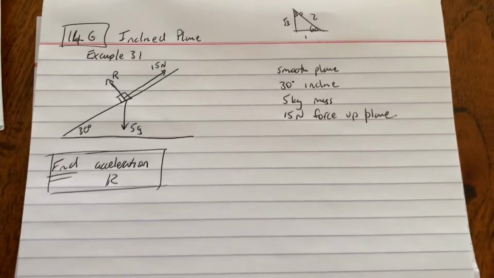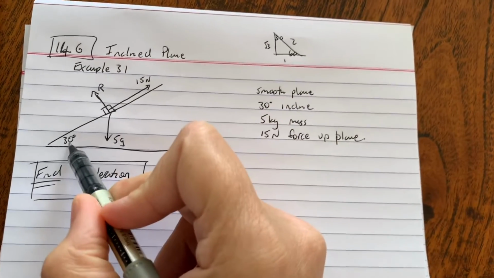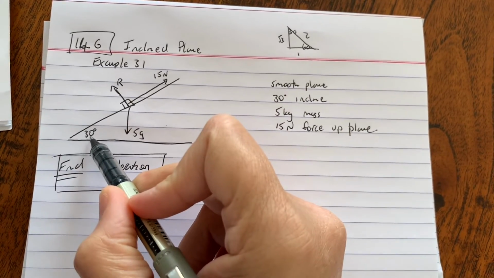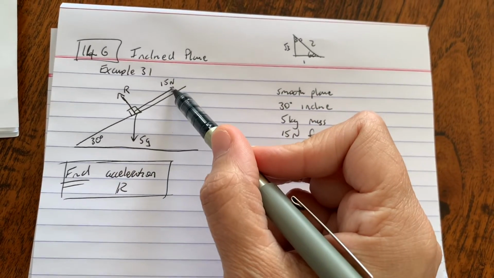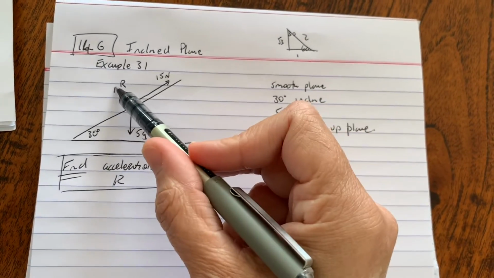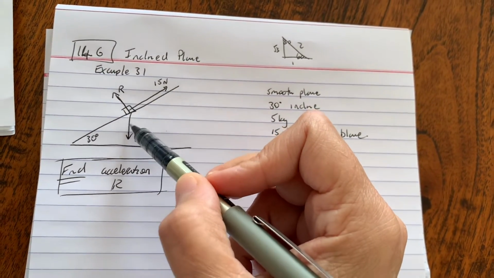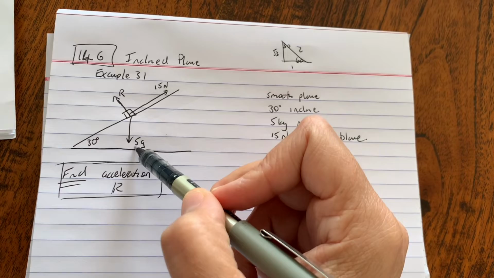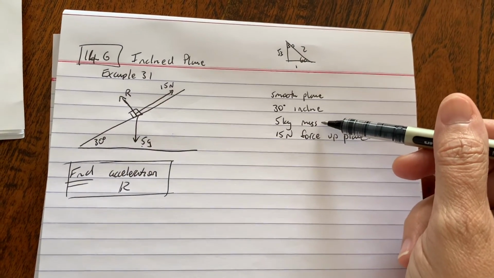So, setting this up, I've got an incline, 30 degrees is my angle. I have three forces. I have my 15 newtons acting up the plane. I have my reactive force, which is perpendicular to the plane. And then I've got the weight coming down, which is 5g, because we were told that we had a mass of 5 kilos.